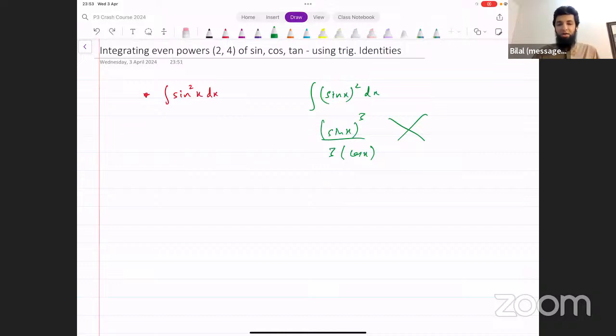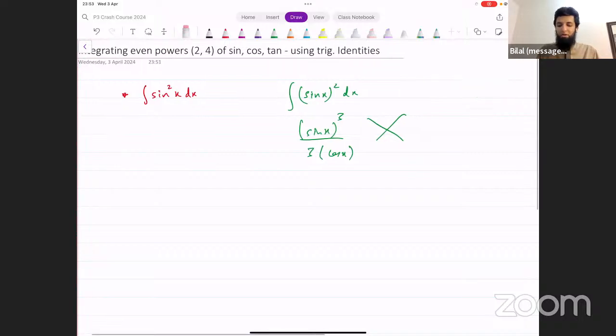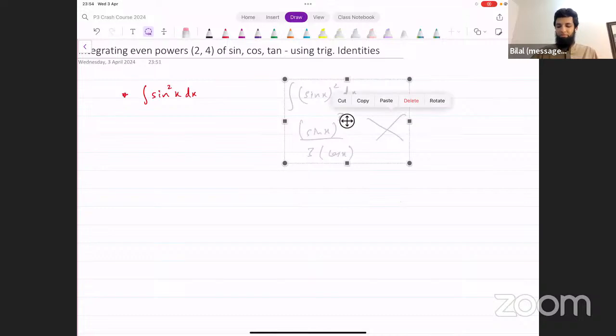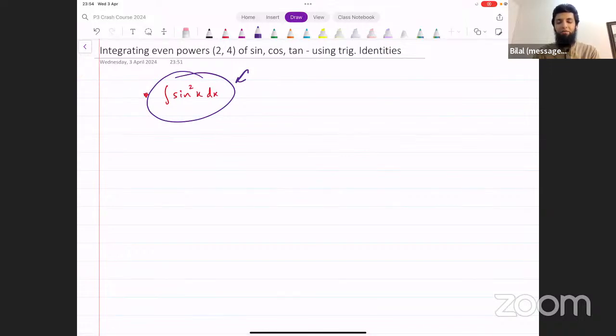Sine x is not a linear function. That's a curve like this. The power rule does not work on that. So we cannot integrate it using the power rule. We need to somehow get rid of the power here because the power is going to make it difficult to integrate. So we don't want sine square here. We want the power to be just 1.